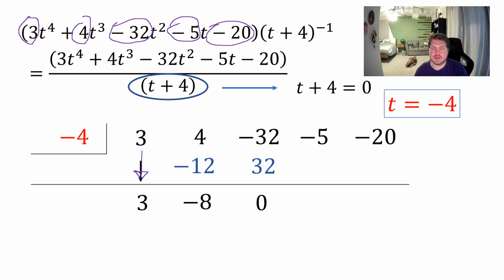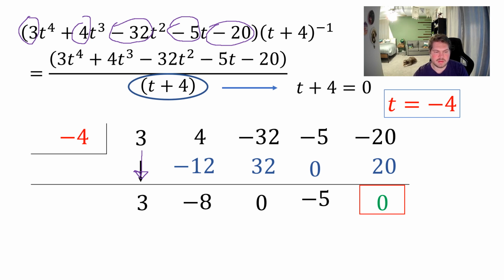And then 0 times -4 is 0. -5 plus 0 is -5. Negative 4 times negative 5 is positive 20. So negative 20 plus 20, we get a remainder of 0. It's always nice when we have a remainder of 0.